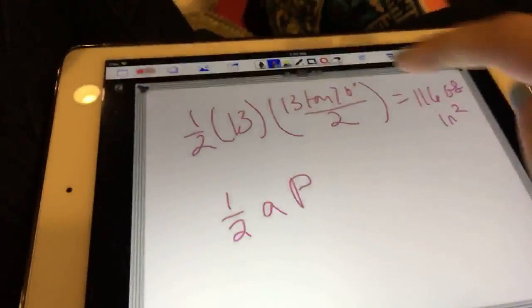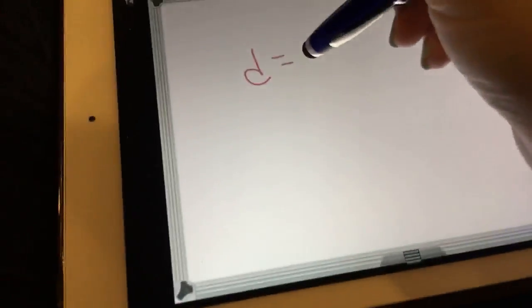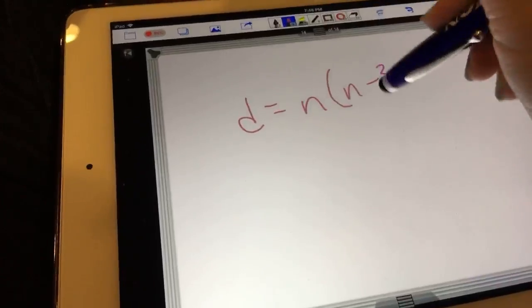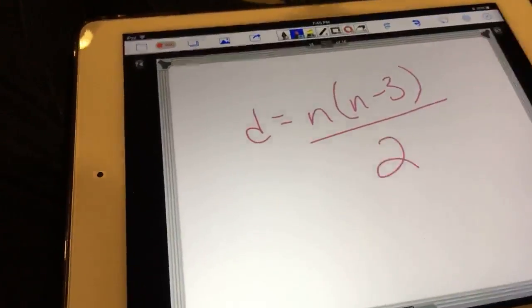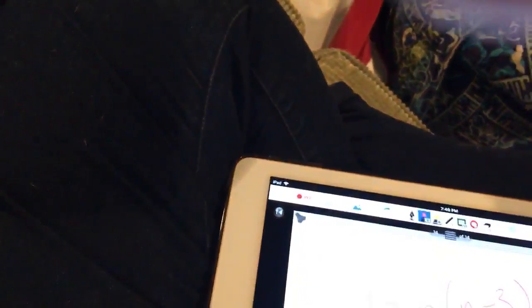The number of diagonals, there is a formula, Taylor was right, is going to be n times n minus 3 over 2. Okay? And here's why. I'm going to draw a shape. I am not making it regular at all.